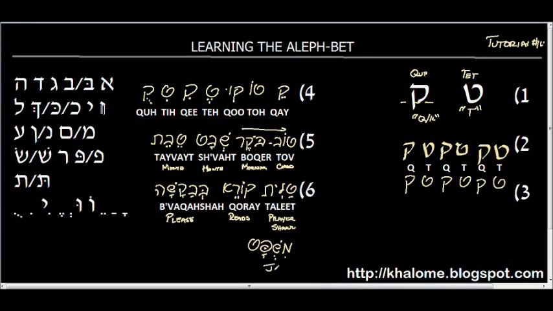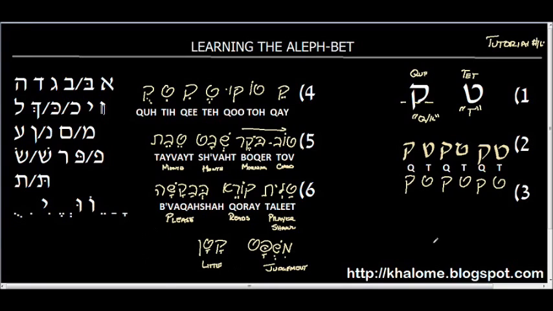This is judgment. Katan would be a kuf, tet, and then final nun. That means little. That's a common word. So there's just some ideas with using the kuf and the tet.